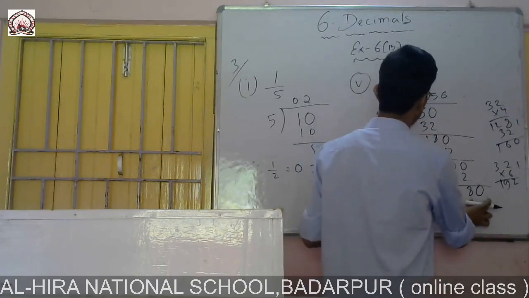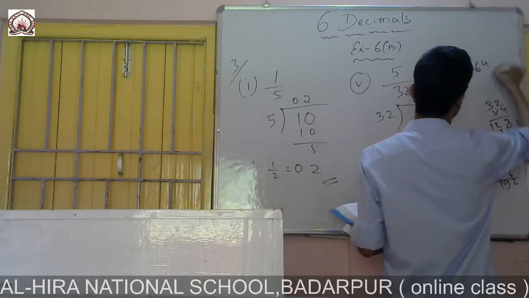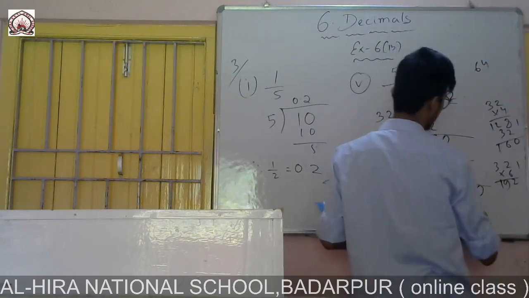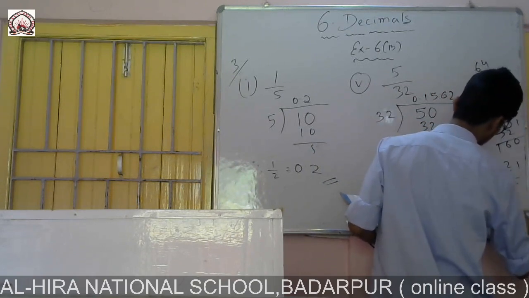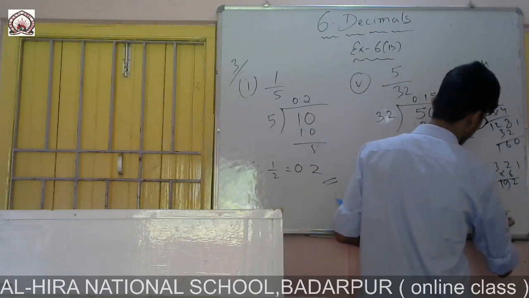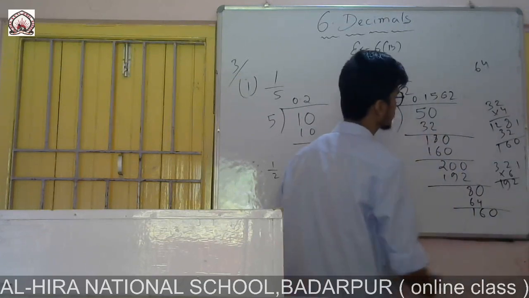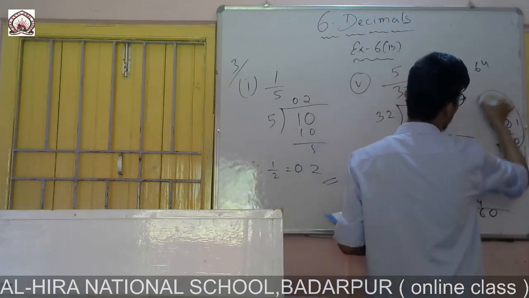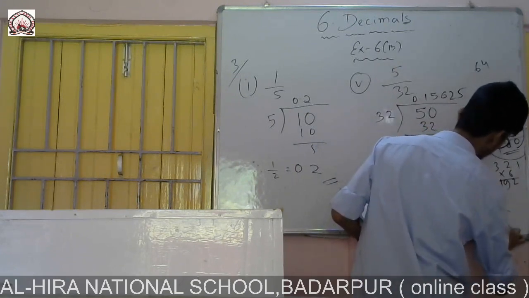So here I have 80. 32 2s are 64, and 32 3s would be more than 80. So after cancelling, 80 minus 64 is 16. The decimal is there, I can put 10, 160, and 32 5s are 160.